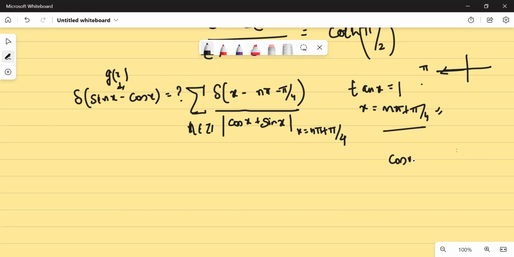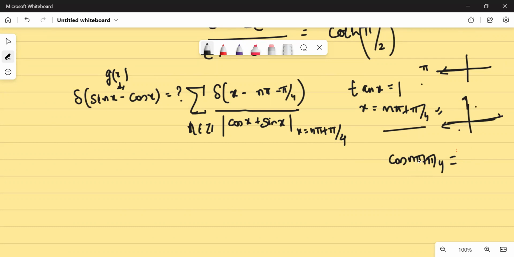So cos of n pi plus pi by 4 will be equal to what? So you just take n equal to 1. So n equal to 1 means pi plus pi by 4. For n equal to 2, you will either be in the third quadrant or in the first quadrant.